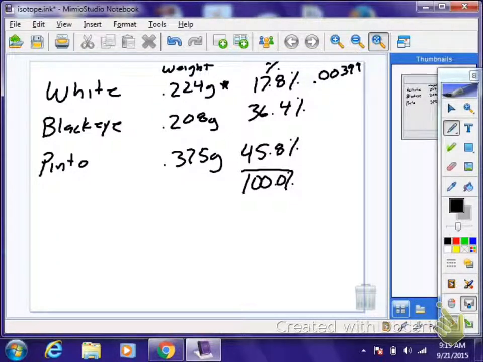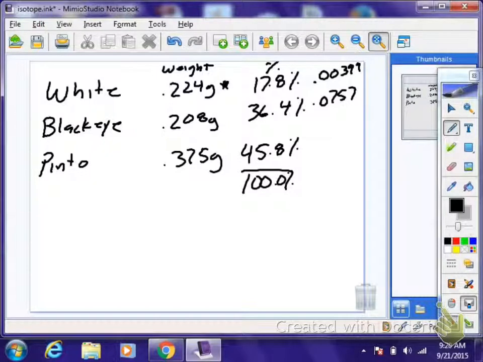So you're taking the weight times the percent, right? Yep, weight times the percent. On the first one, I think I did something wrong. So I'm going to get 3 values out when I do this.